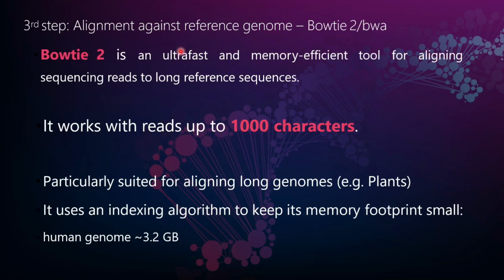So what is Bowtie? Bowtie is an ultra-fast, memory-efficient tool for aligning sequence reads to long reference genomes. It works with reads up to 1000 characters, and is particularly suited for aligning long genomes, for example plant genomes. It uses an indexing algorithm to keep its memory footprint small.